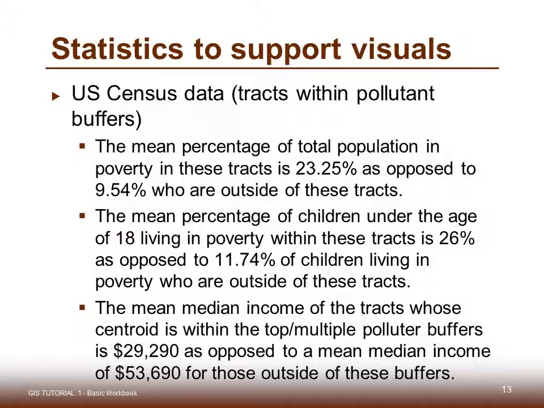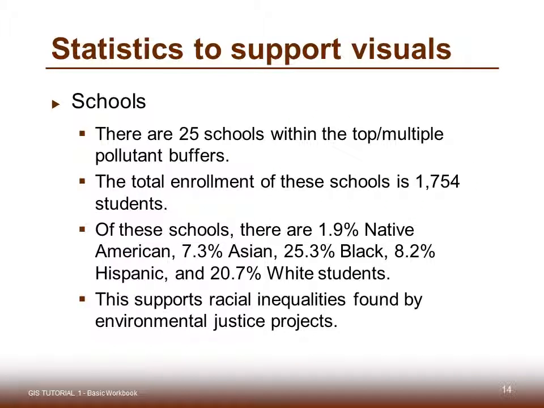And the mean and median income of these tracts, whose centroid is within the top or multiple pollution buffers, is $29,290, as opposed to a mean median income of $53,690 for those outside of these buffers. In other words, on all three cases, we can look at socioeconomic data that seems to suggest that these census tracts reside in places where poor people are close to potential pollution sources.